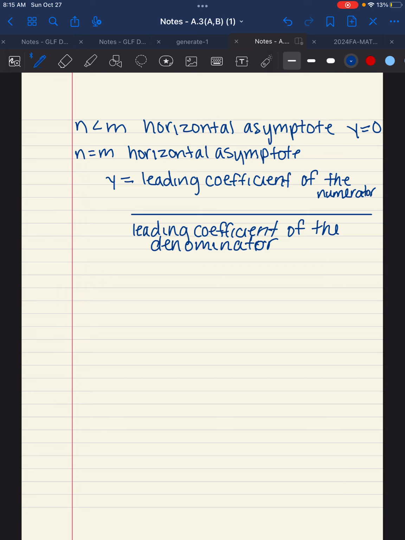Okay, so that's for n equals m. If n is greater than m, then the horizontal asymptote is going to be none. There will be no horizontal asymptote. All right, let's get it.